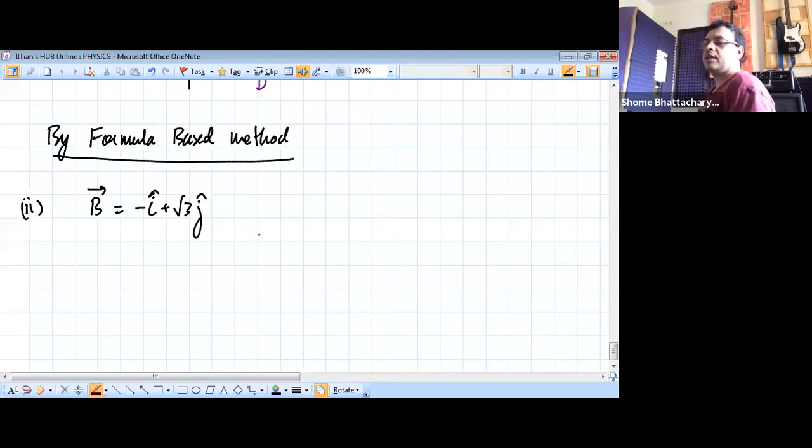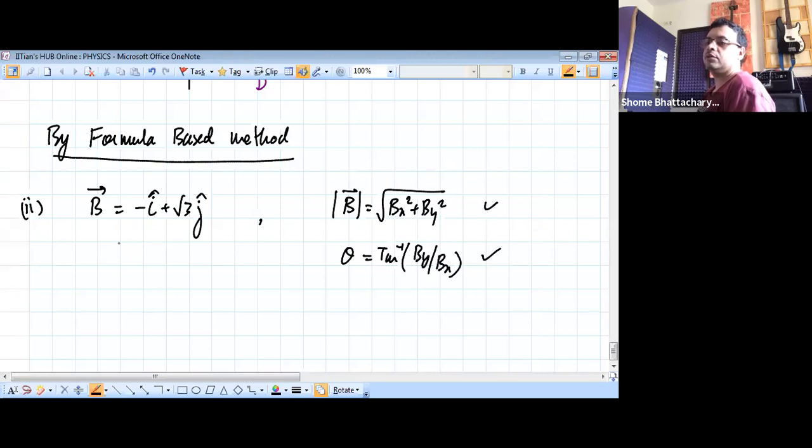As far as formula is concerned, the magnitude of the vector b is square root of bx square plus by square, and theta is tan inverse of by by bx. But when I'm using this formula, I'll have to be mindful of the quadrant. So let's see over here what happens.